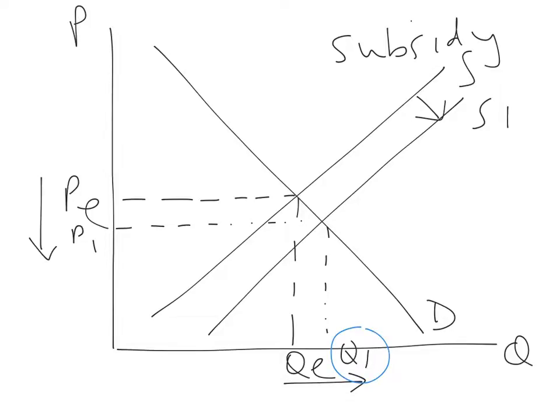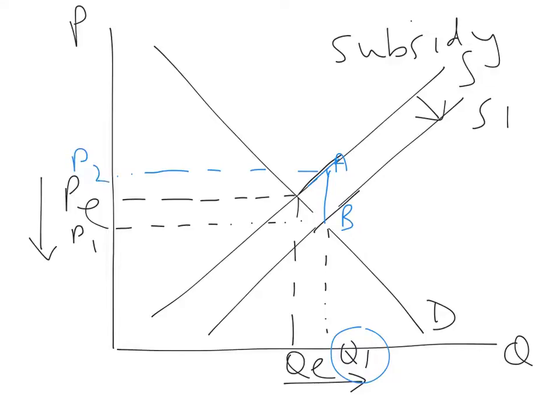So the key point to remember, the key learning point, is this is where you draw up your subsidy. So the subsidy is the vertical distance between the two supply lines here. And so you will have a subsidy that is the vertical distance there between A and B. And then we can draw our nice box here.